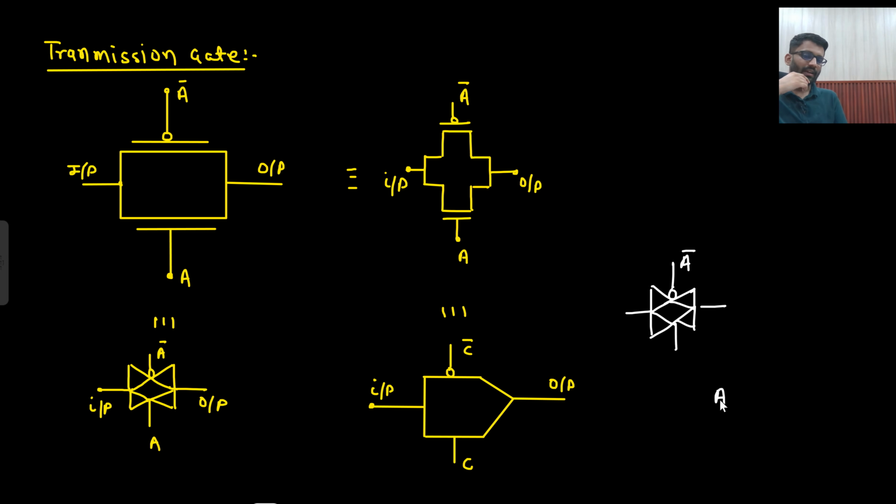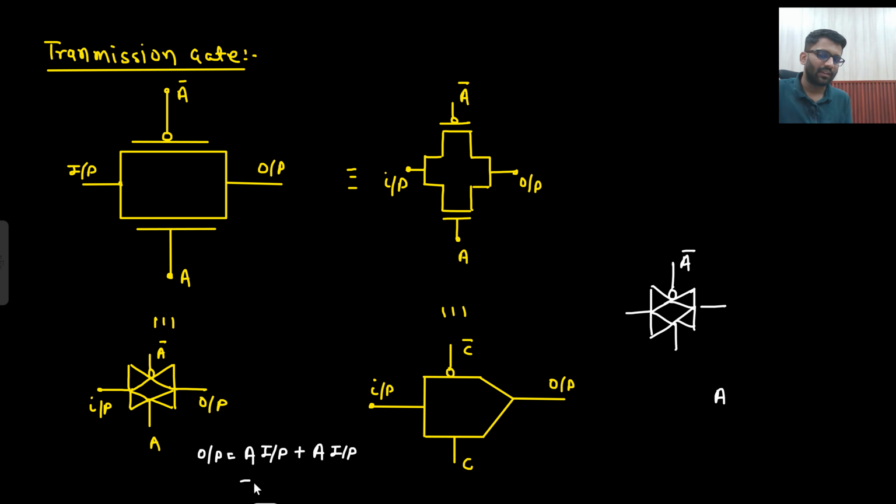If you want to write down the output, what will be the output here? If A bar is 0, then input will come. If A bar is 0, that means A is 1, then input will come. Or if A is 1, then input will come.